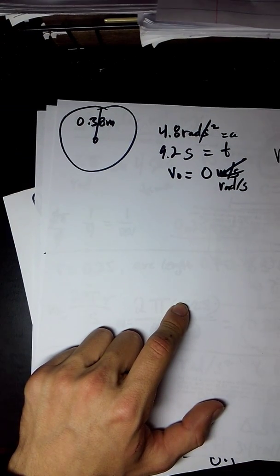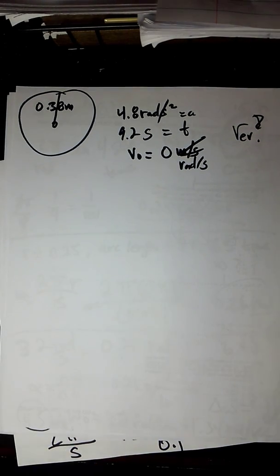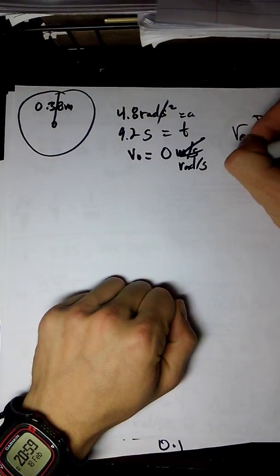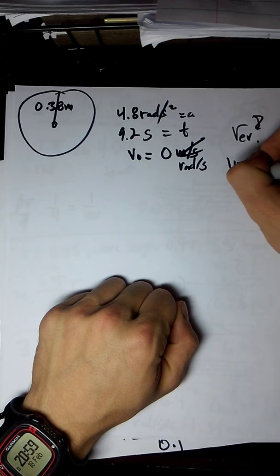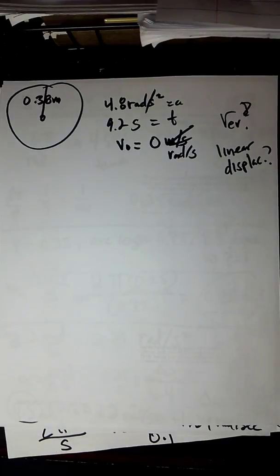So revolutions, and we could write rev, because R's will get confused with radius. I like to write rev, okay? We want to find the number of revolutions. We also want to find a linear displacement, okay? So we could go about this in two different ways, and I like to go about this the first way.